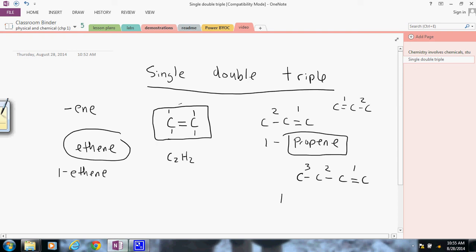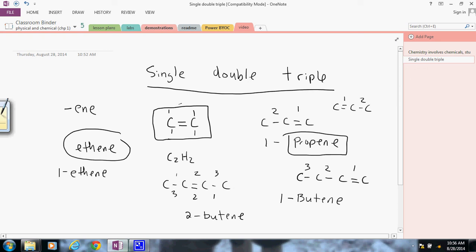I could have a chemical looking like this: carbon, carbon, carbon, carbon, put the double bond in the middle. I'd count from the shortest side. So whether I went 1, 2, 3, or 1, 2, 3, this is still going to be 2-butene. Now again, if it's on the 1 location, it could be on either side.